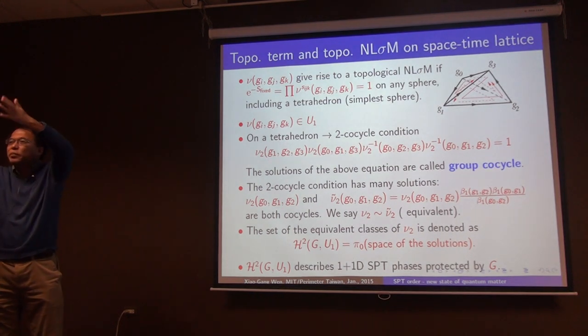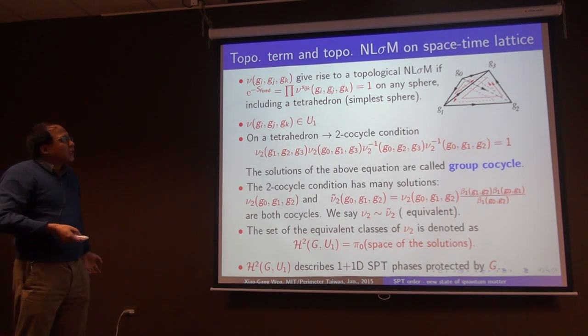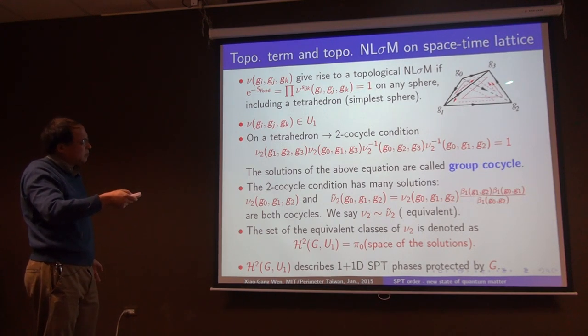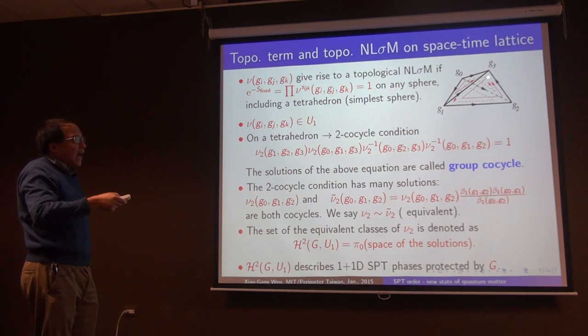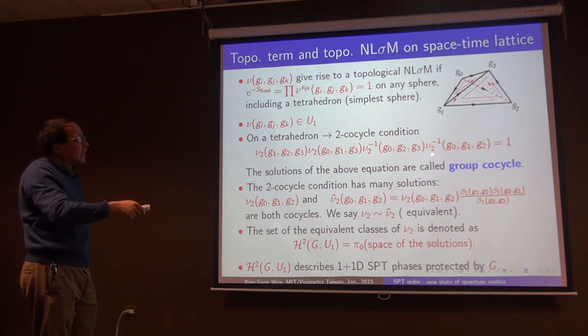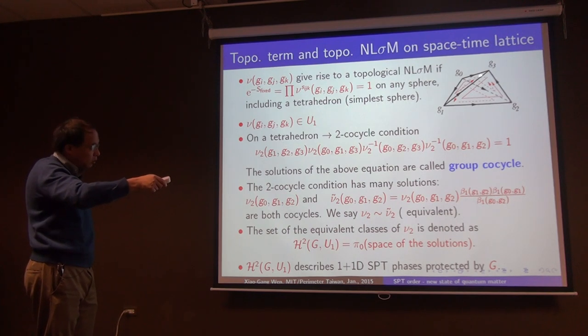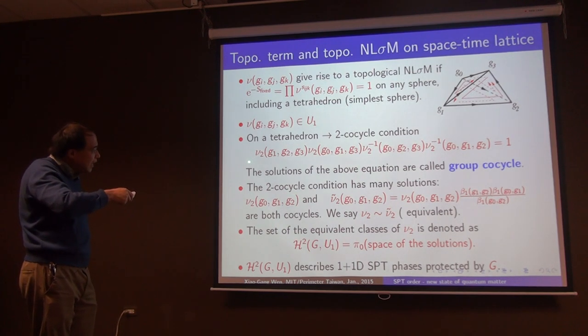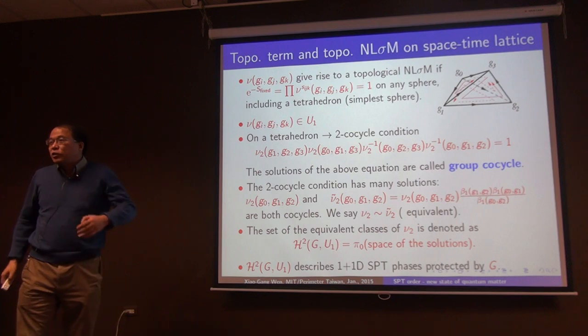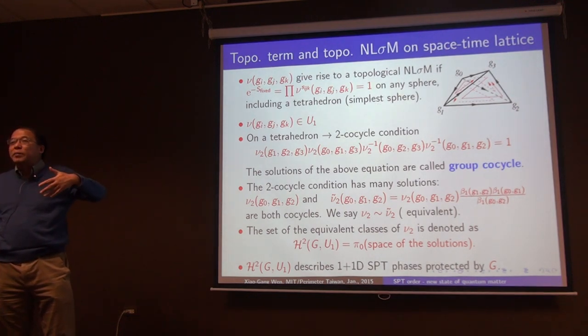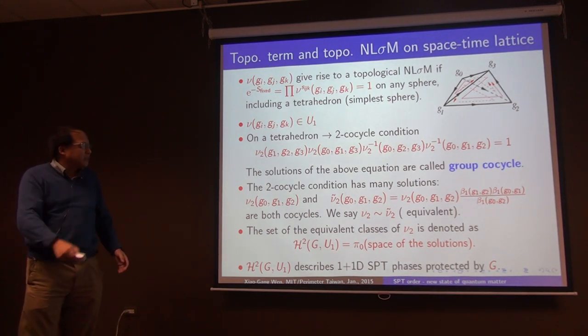So on the tetrahedron, the action amplitude for each tetrahedron is given by this product of 4 nu, and each nu is associated with a triangle. And this should be equal to 1. That's the condition for this nu to describe a topological term.